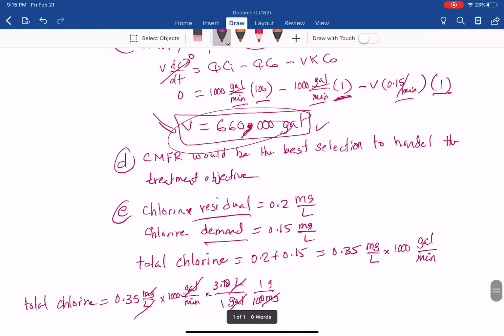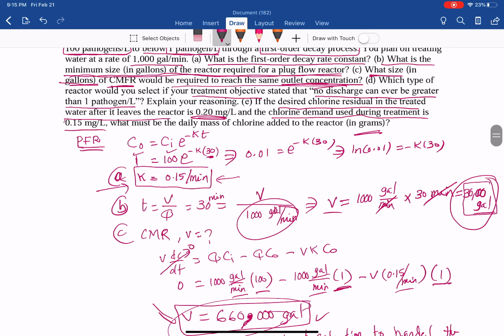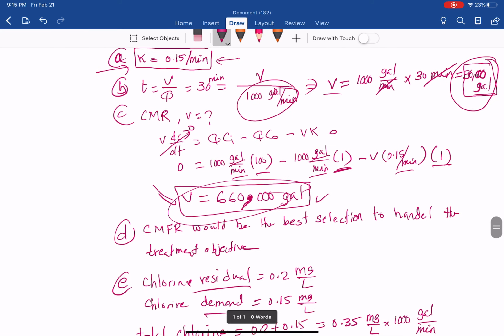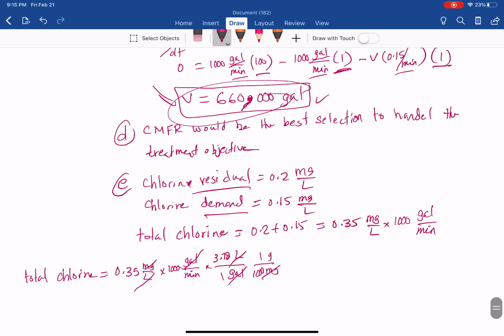So what was the question? Let's see if the desired chlorine is treated after it leaves the reactor, and the chlorine demand used in treatment is 0.15. What must be the daily? So he wants to know the daily. So it should not be per minute, it should be per day.